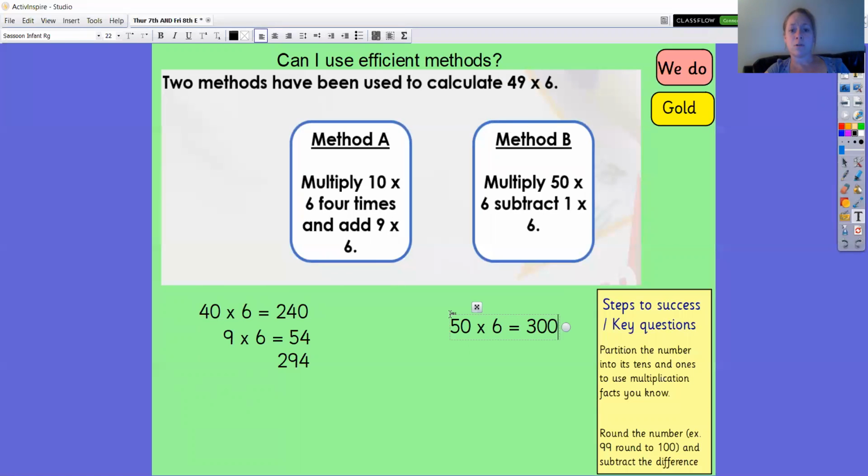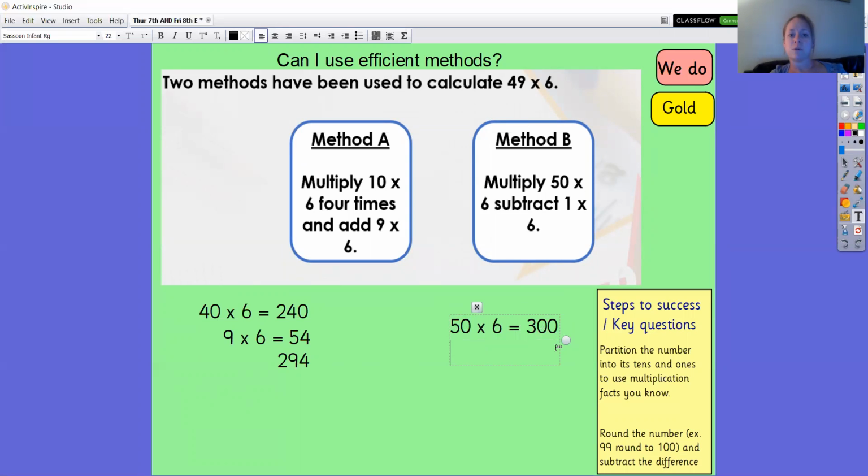And then we're going to multiply that by 10 again to take account of the fact that this is tens, because 5 times 6 is only using that as a 1. So we've got 50 times 6 is 300, sorry.